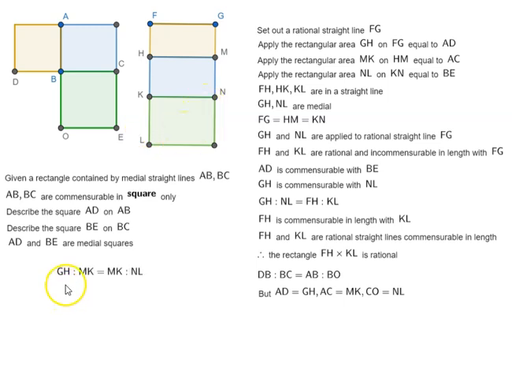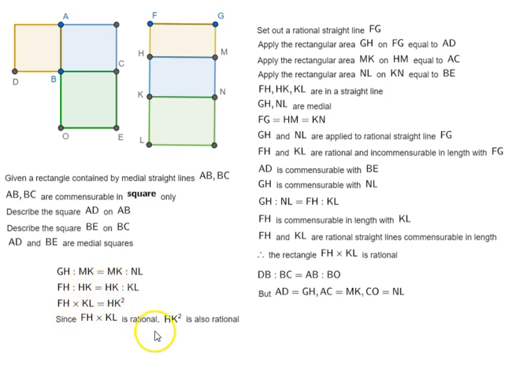So we can say GH is to MK as MK is to NL. And we can also say FH is to HK as HK is to KL, which means product of the extremes and product of the means. So FH by KL is equal to HK square.